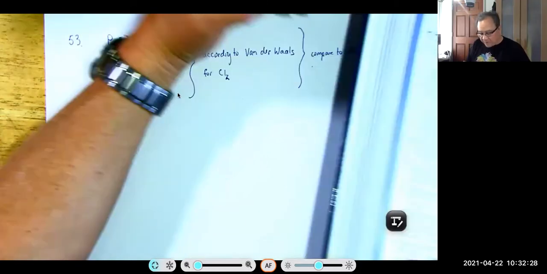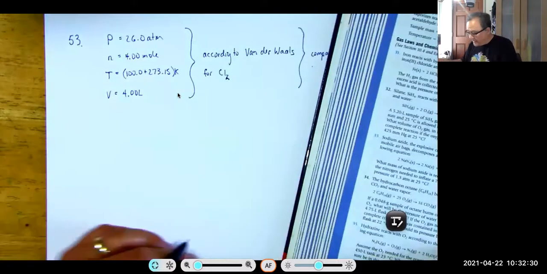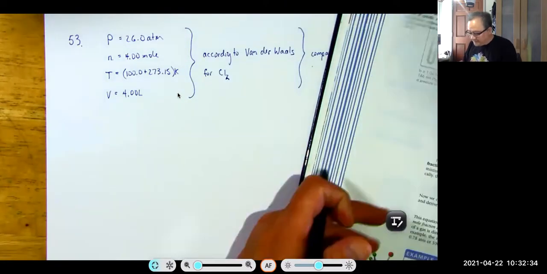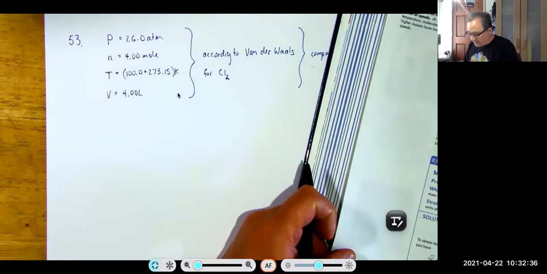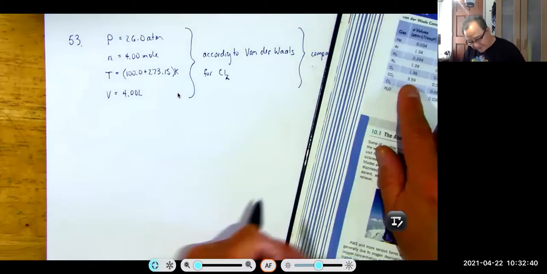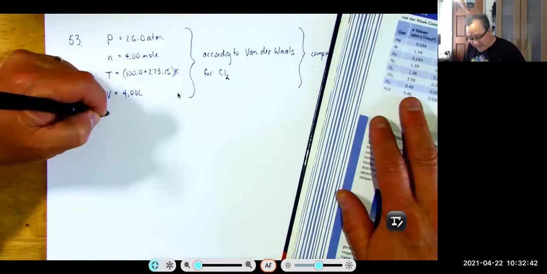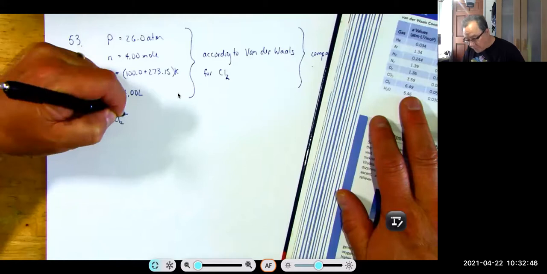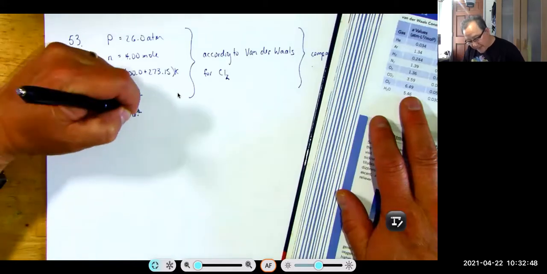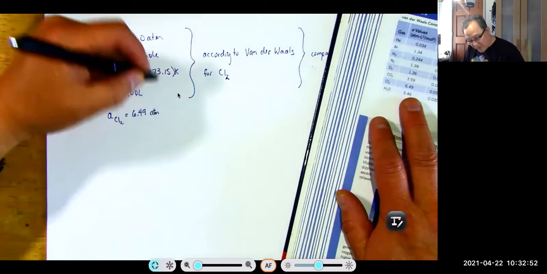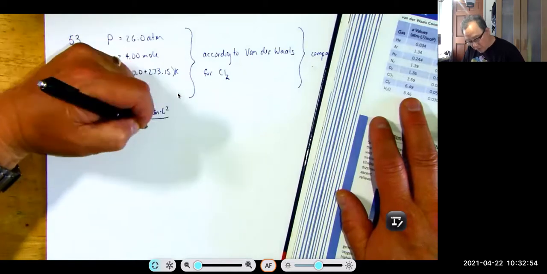So let's start off with the van der Waals by looking up the A's and the B's. And again, these are nothing you want to memorize. So for chlorine gas, the A for chlorine is 6.49 atmospheres liters squared per mole squared.